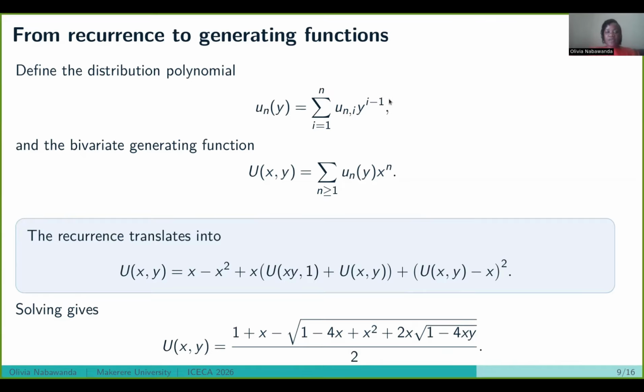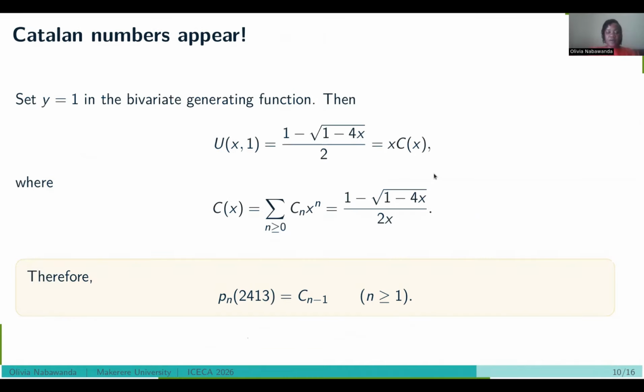So how do we end up with the Catalan numbers? We set y equals 1 in the bivariate generating function, and we end up with a polynomial expression of this form, which we realize can be written in terms of the Catalan generating function, which is given by the summation C_n x to the power n, where C_n denotes the Catalan numbers for the different values of n.